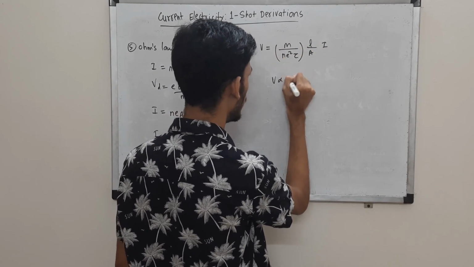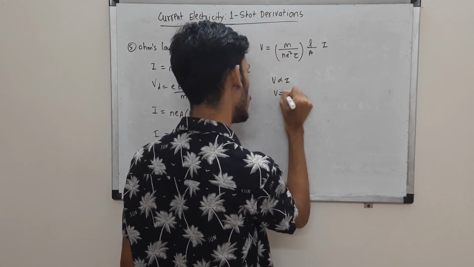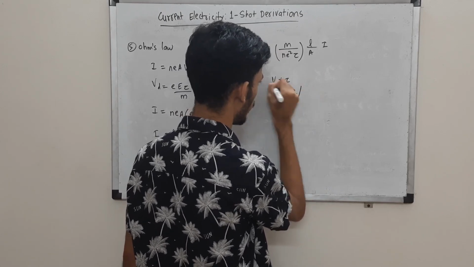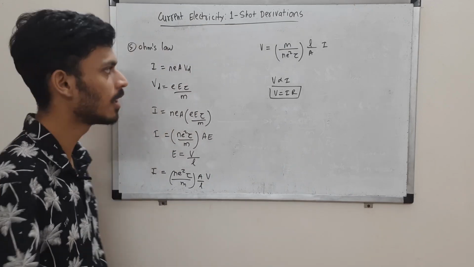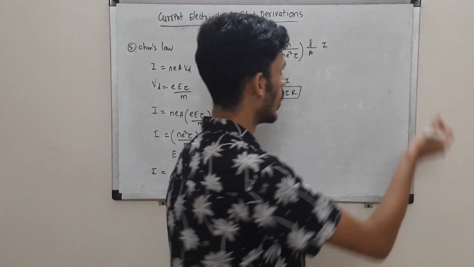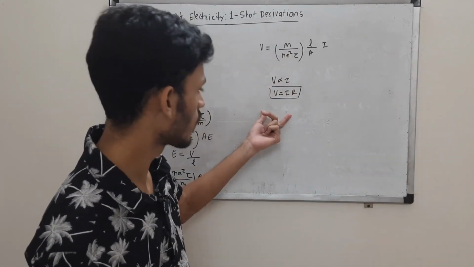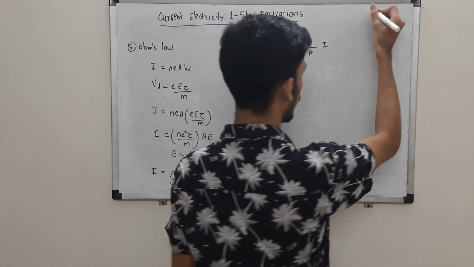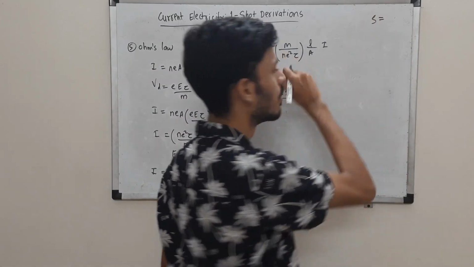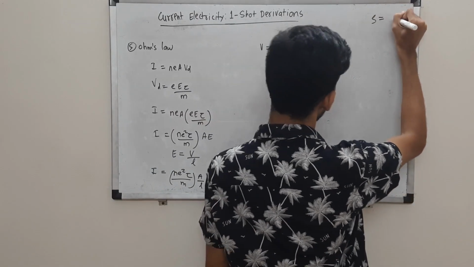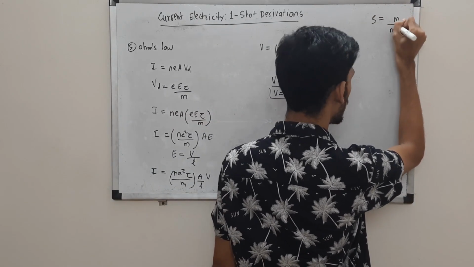So V and I are directly proportional, or V is equal to IR. Now how does this R, the resistance, appear? It's basically constant for a material. But you can remember from here also, we discussed this term in the previous class. It was resistivity, m by n e square tau.